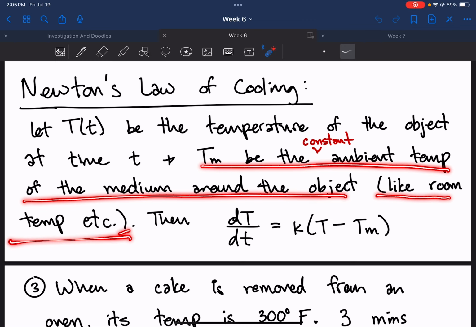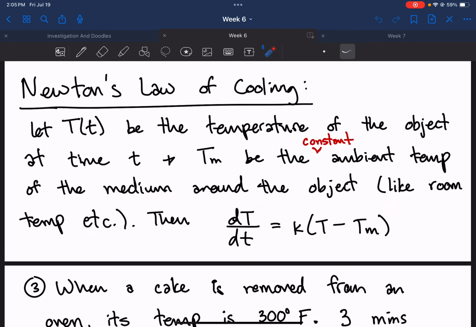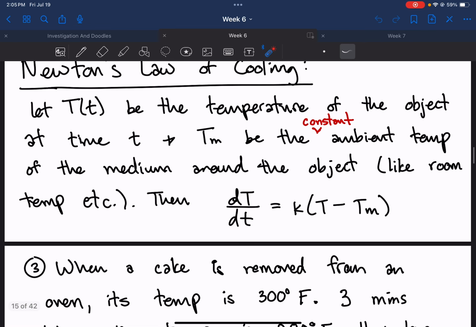The room temperature is a constant, and it's ambient, and it can take as much energy as it wants, and it won't change, really. So, the change in temperature per unit time is proportional to the difference in the temperature of the object and the temperature of the room.